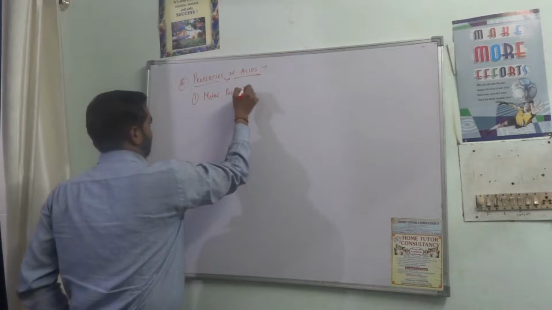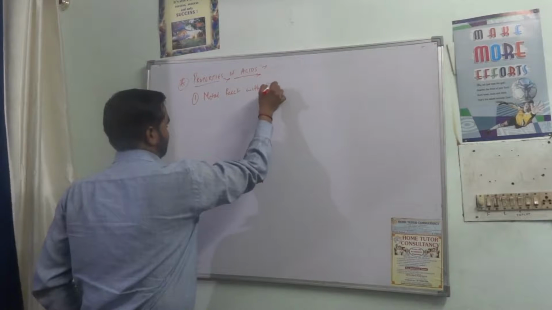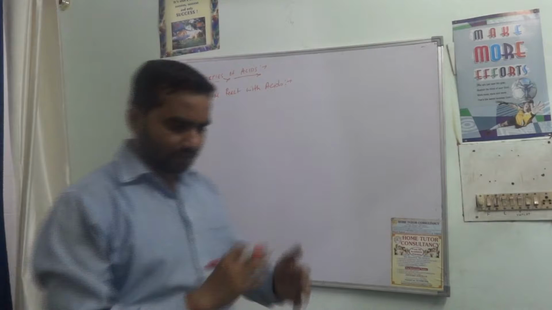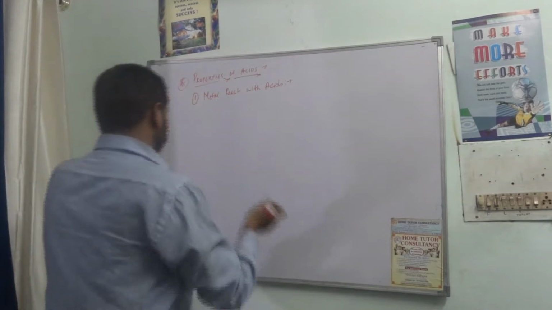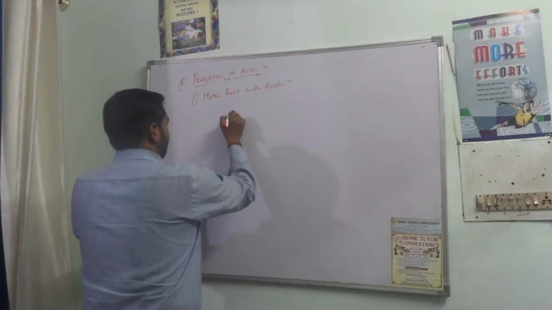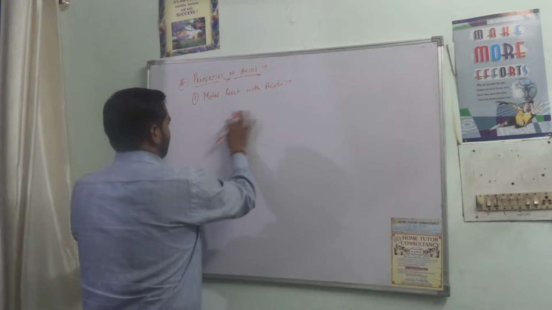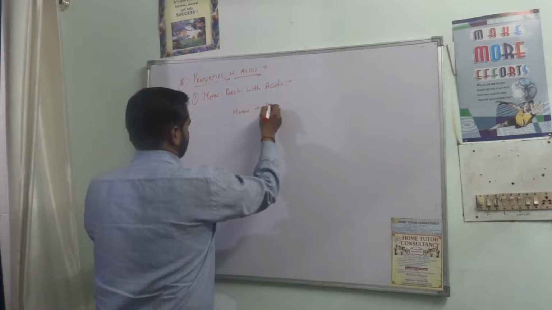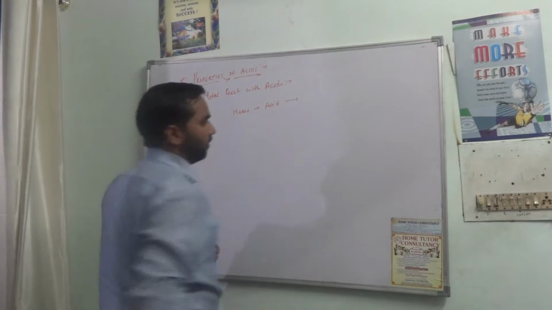Metals react with acids. What happens when a pure metal reacts with acid? When a metal, say X, reacts with an acid, we can directly say: metal plus acid forms metal salt plus hydrogen gas.